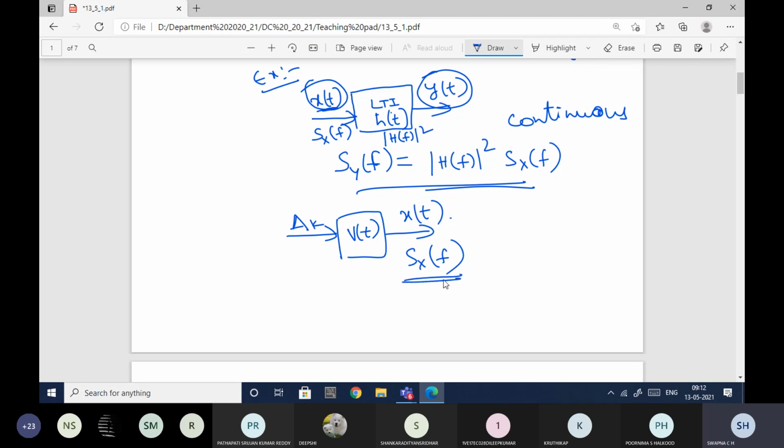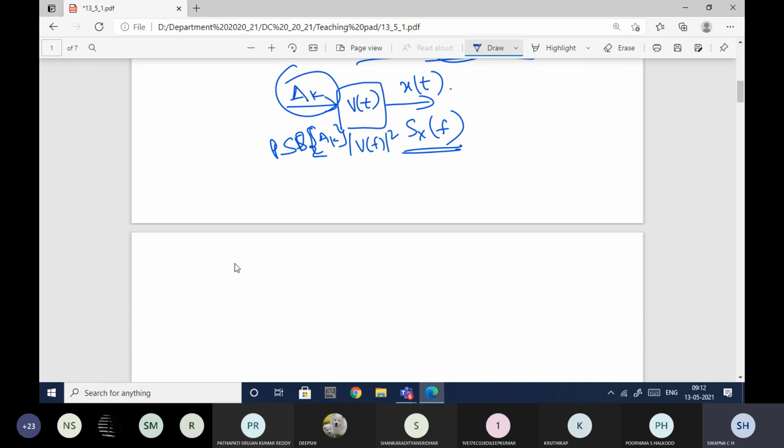To find this Sx of f, I need to take mod V of f whole square, and I need to find the PSD of AK. So the complete equation for this is generally given as Sx of f will be equal to, this is a standard formula.